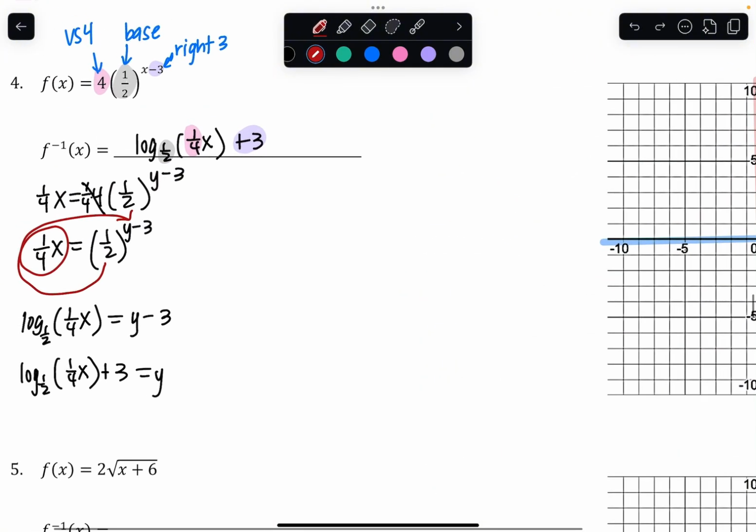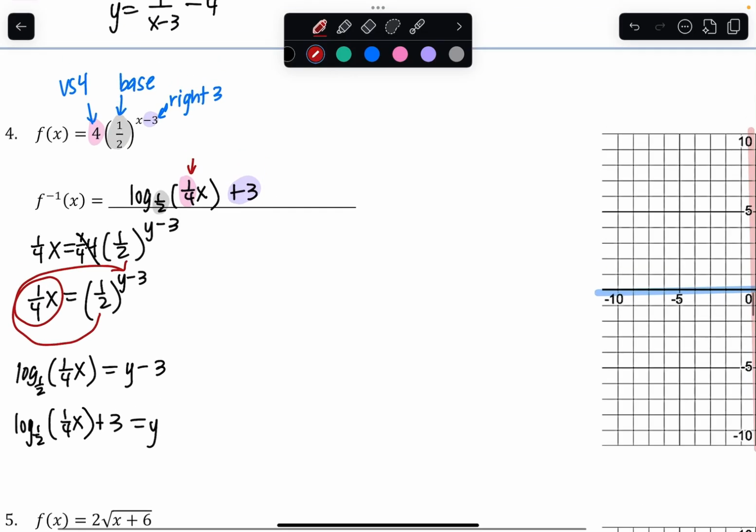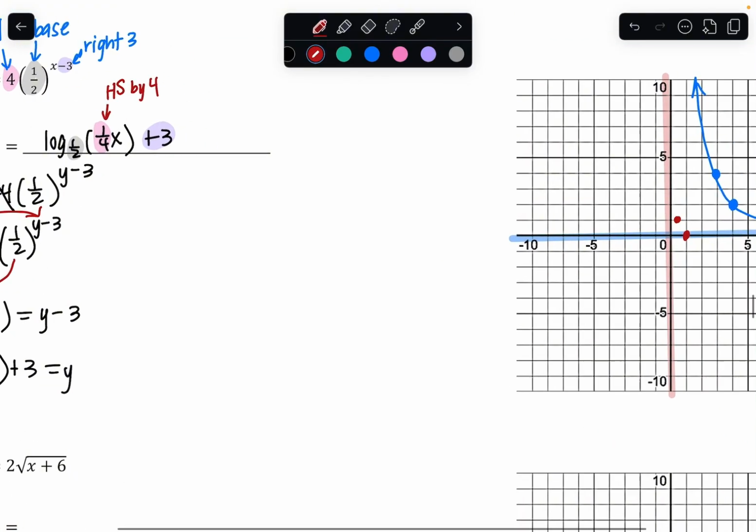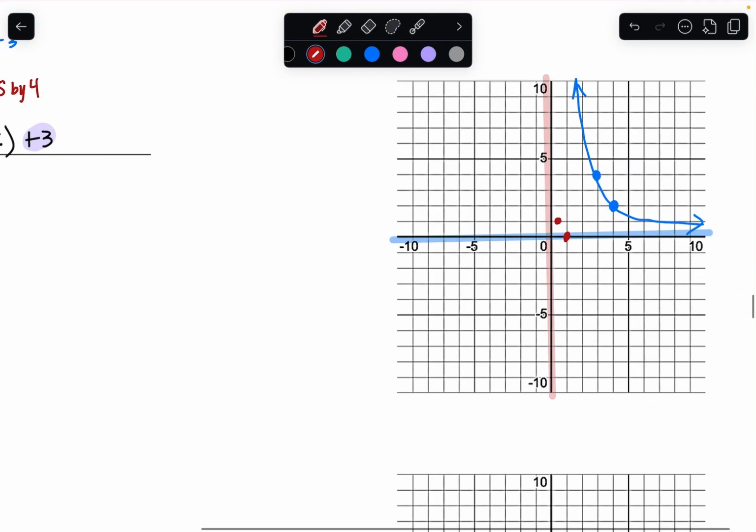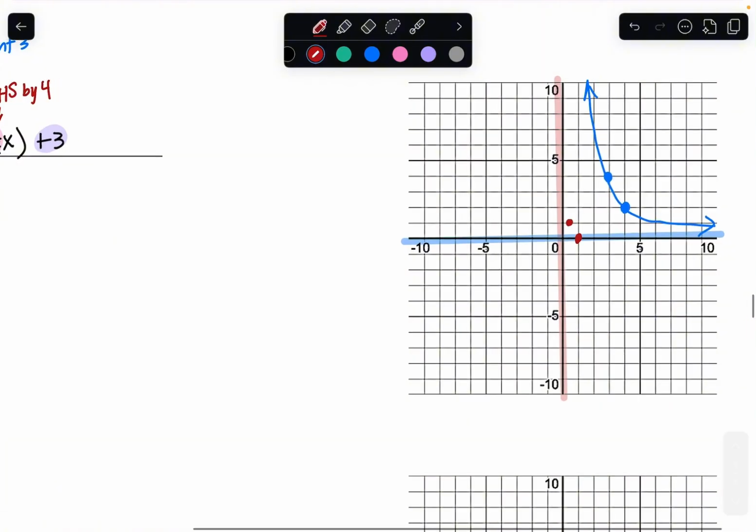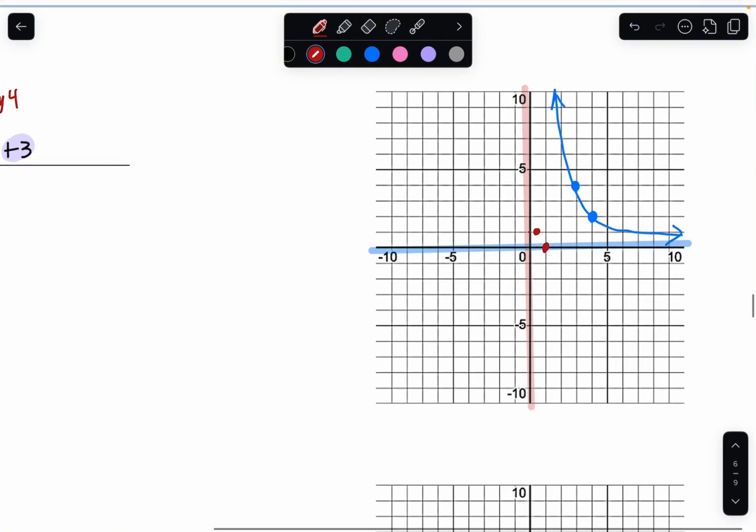And so the transformation here, when you have a 1/4 inside, remember everything inside the parentheses is backwards. So you would think that's a horizontal compression by 1/4, but it's actually a horizontal stretch by 4. Everything inside is backwards. It's opposite of what you would expect. And so to horizontally stretch this graph by 4, our horizontal distances of 1/2 and 1 are going to be multiplied by 4.